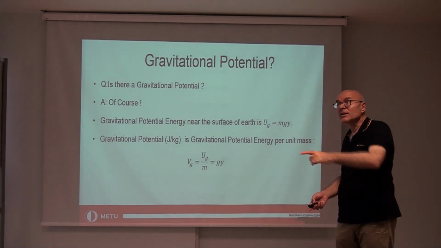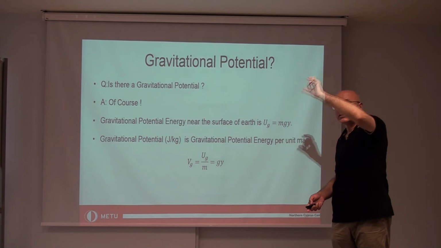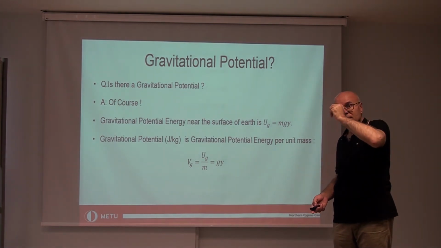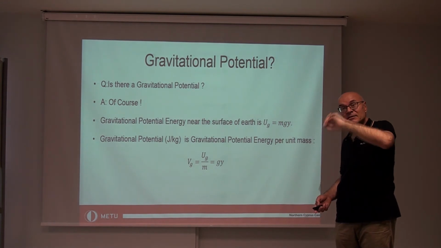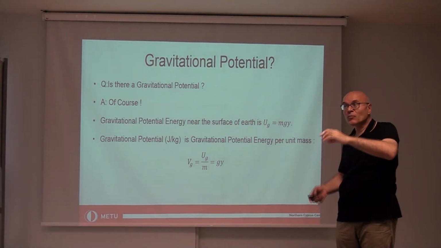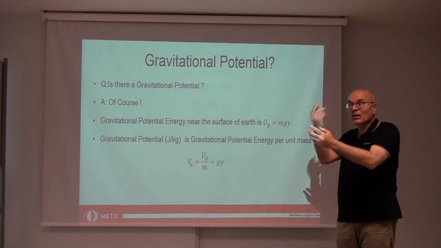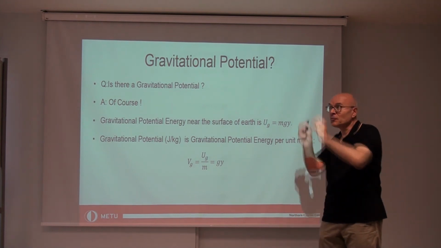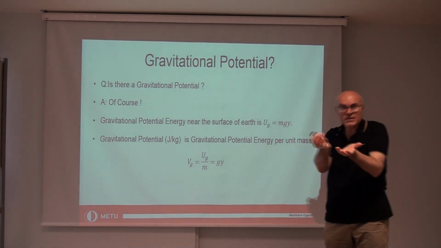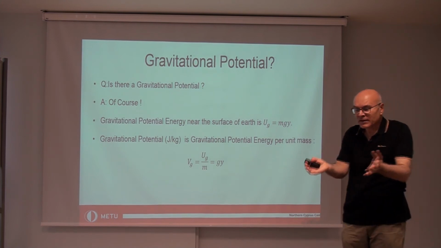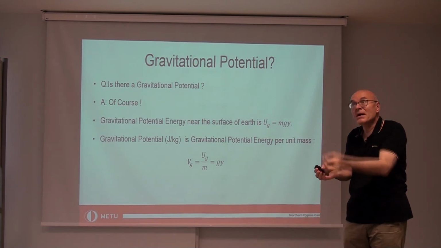Therefore, for any y, g times y is the gravitational potential energy per unit mass. In other words, how much potential energy per 1 kilogram you will have if you put a mass there. So this is the idea of the potential. Note that it doesn't depend on the mass that you are putting there.